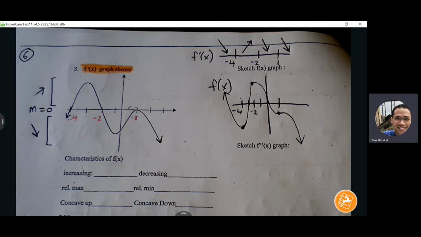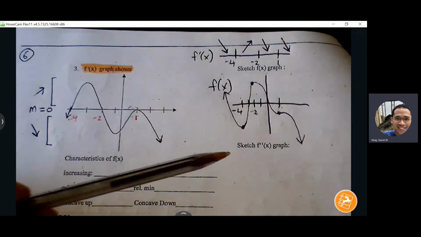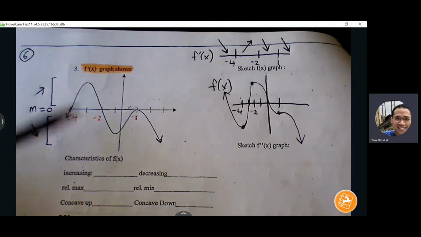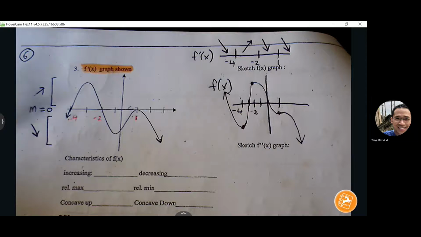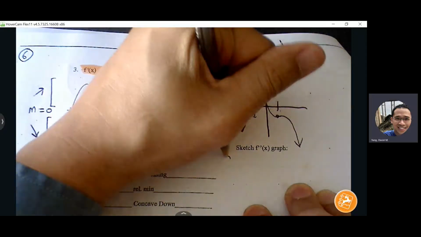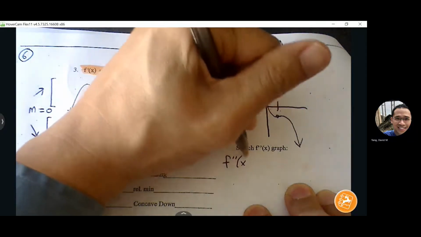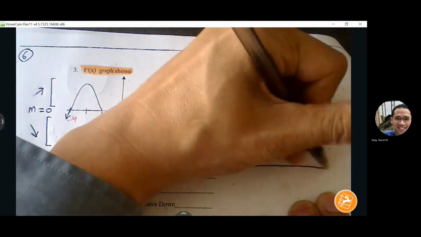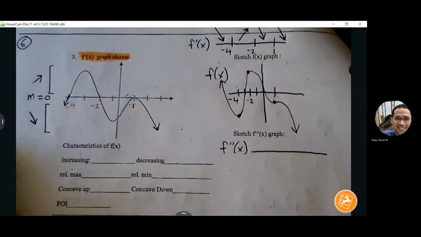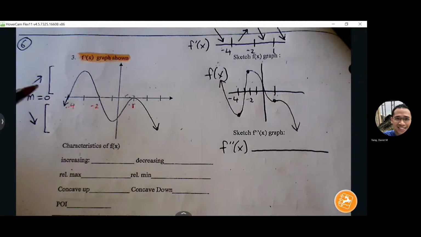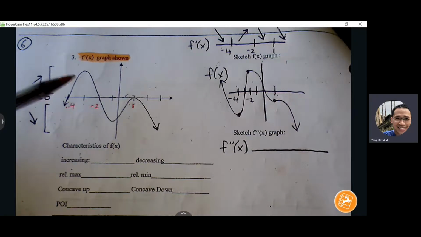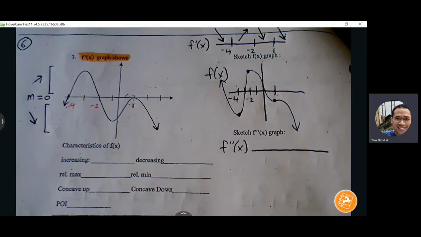Okay, so now we're going to try to find information about the concavity based off of the derivative graph. Let's create our second derivative sign line. Where do we find points of inflection if we're looking at the derivative graph? Peaks and valleys, good.